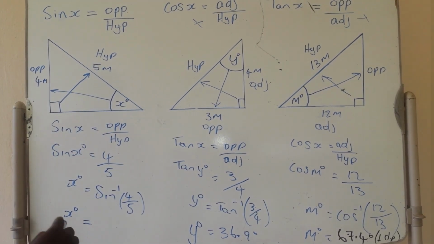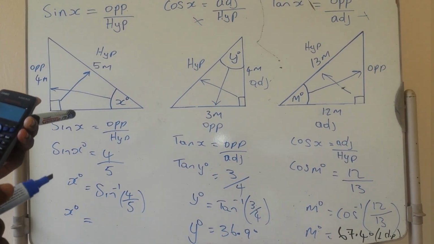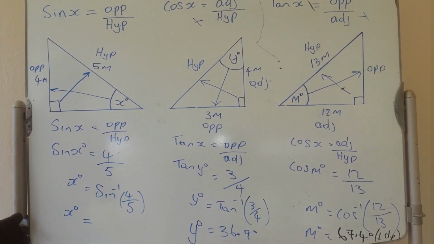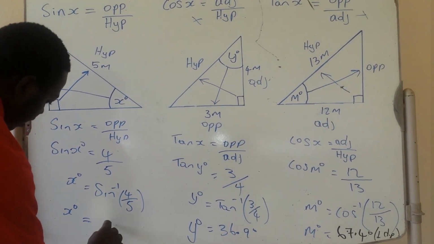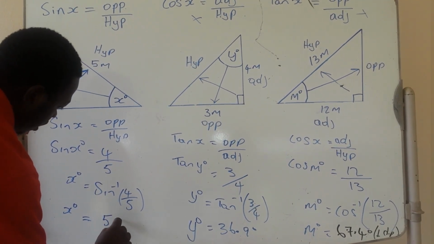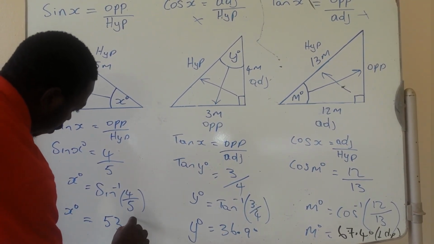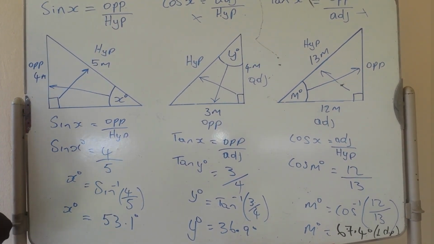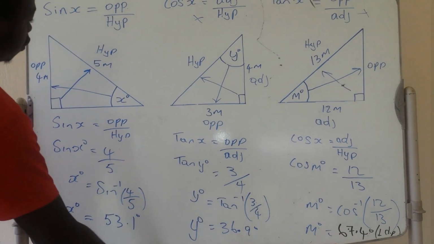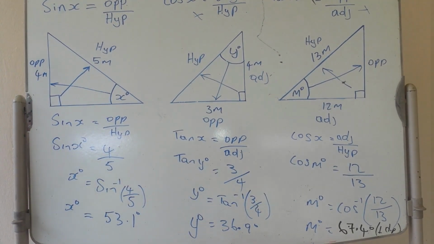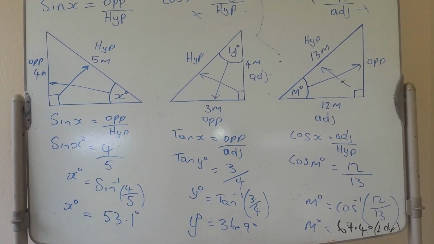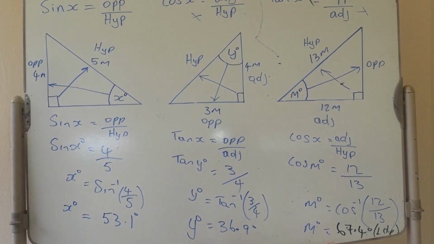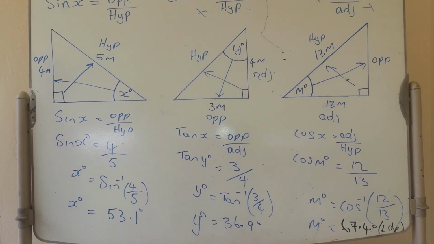Now if you round off that to one decimal place, note that in 53.13, 3 is less than 5, so you would just drop it off. So your final answer would be 53.1 degrees. And that is how you would use the sine, cosine, and tangent ratio to calculate a missing angle based on the information that is given.